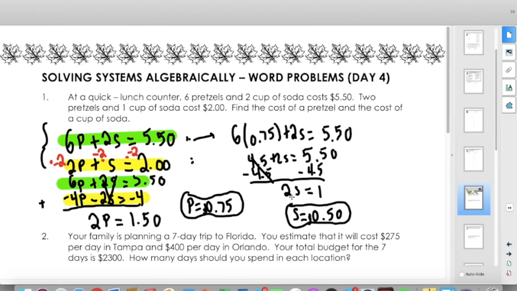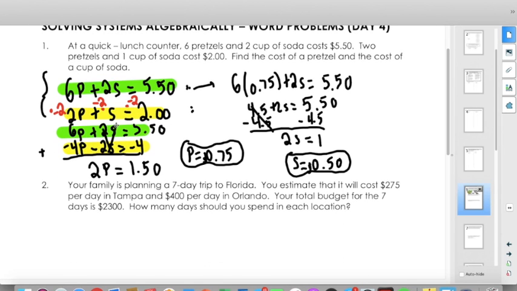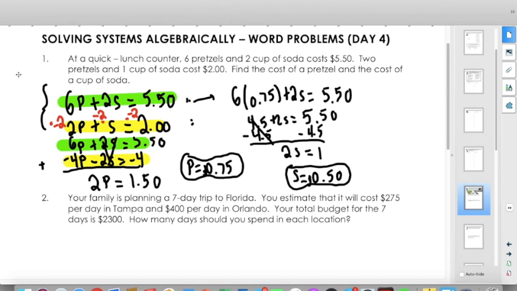So there we go. Find the cost of a pretzel. Well, a pretzel is 75 cents. And the cost of a cup of soda. Well, a cup of soda is 50 cents. Okay, good. That was elimination. Put an E for elimination.